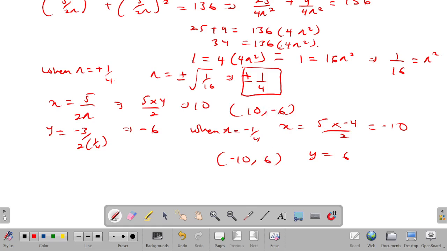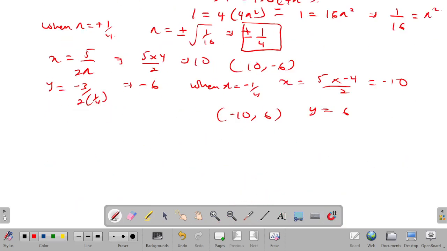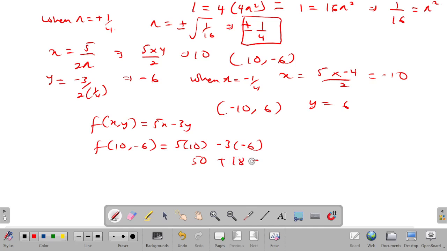We go back to the function. The function is 5x minus 3y. So we put the points in it. I'll test for f of 10, negative 6. What do I get? 5 times 10 minus 3 times negative 6. This is 50 plus 18, that is 68. Positive.